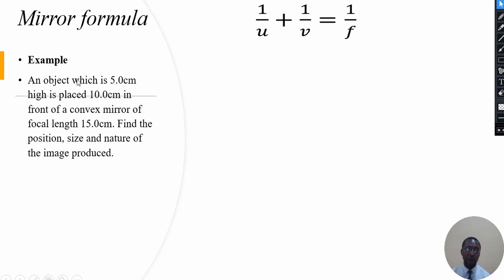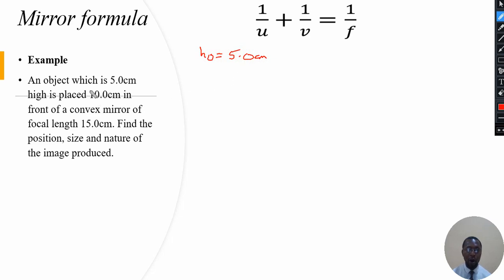It says an object which is 5.0 centimeter high. That means that the height of the object is 5. Now let's note that from the statement we could say that h naught, which is the height of the object, is 5.0 centimeters.